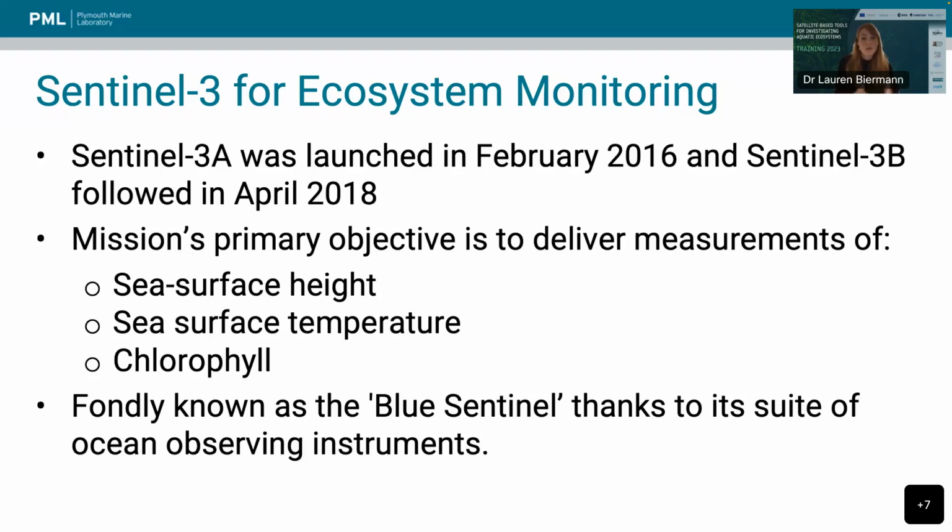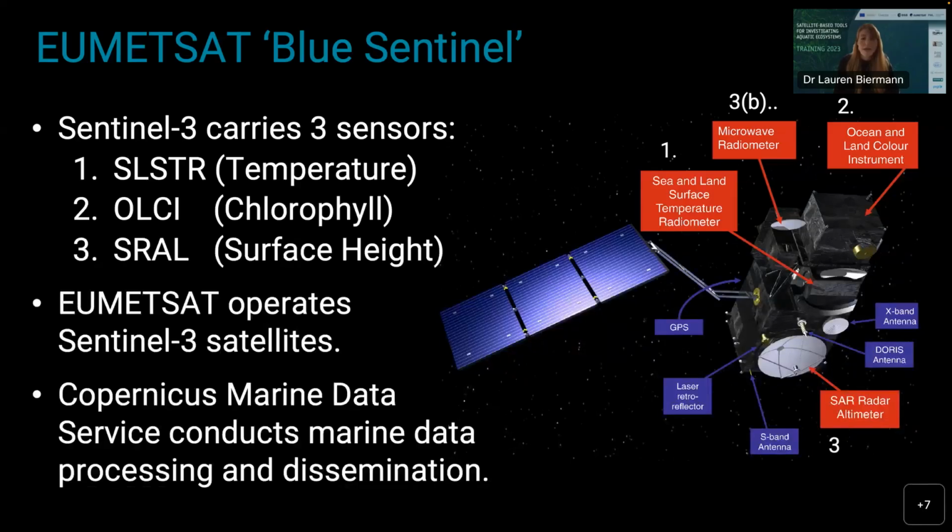Now, the mission's primary objectives, of course, there are different data delivered for terrestrial applications, but the primary objective of this Blue Sentinel is to deliver sea surface height, sea surface temperature, and chlorophyll. And this is what it looks like. These are where the three sensors are situated.